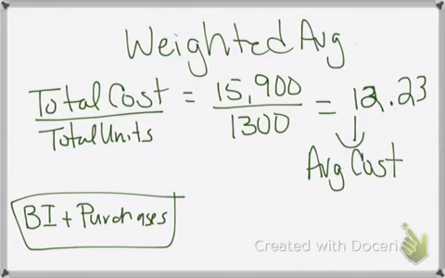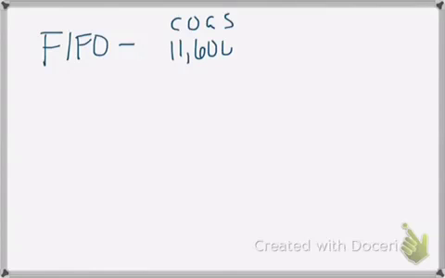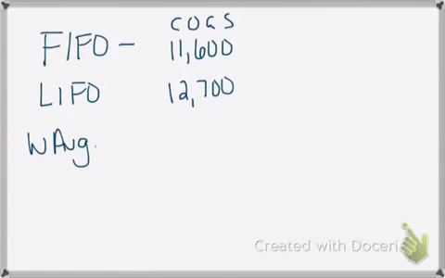Let's look at these three items here. So we have the FIFO system, and with FIFO we had a cost of goods sold of $11,600. With LIFO we had a cost of goods sold of $12,700, and with weighted average we had a cost of $12,230.